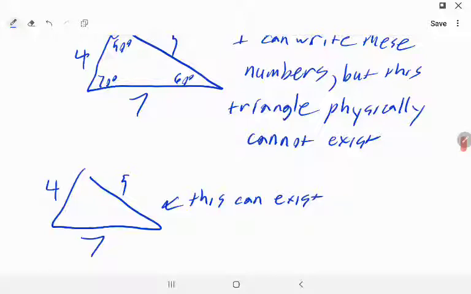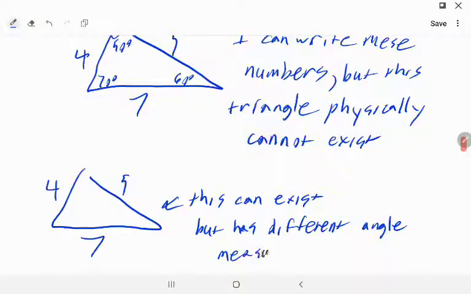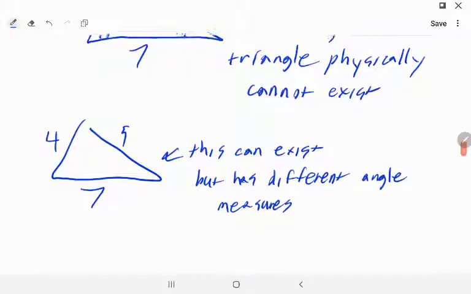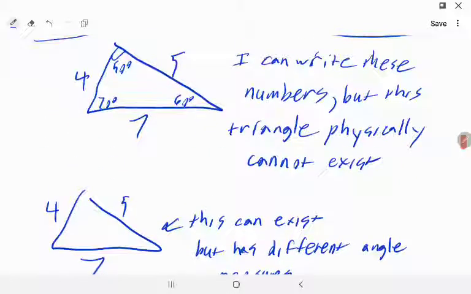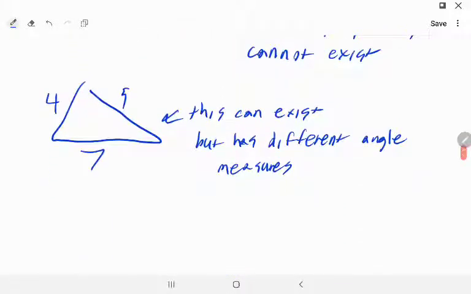But it'll have different angle measures. And similarly, we could have a triangle that had angle measures 50, 70, 60.